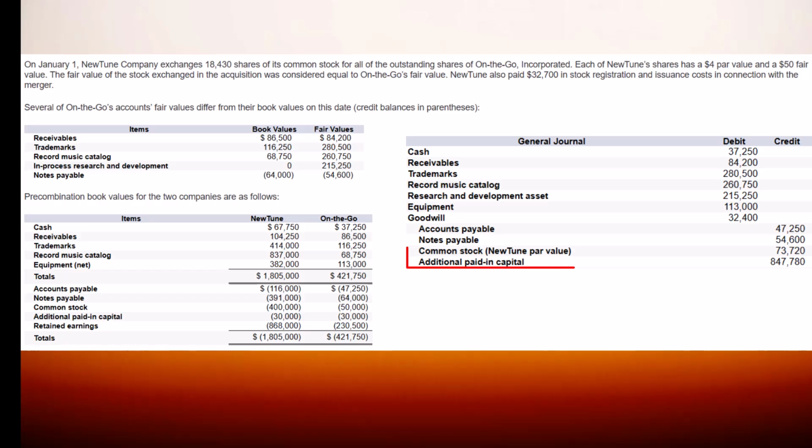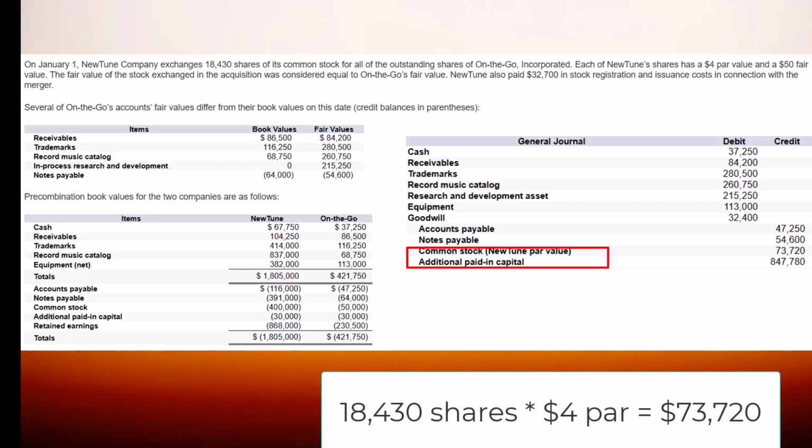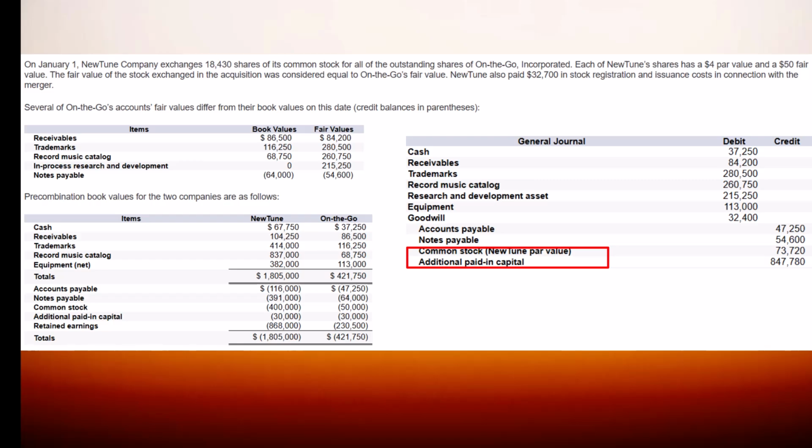We credit common stock for the par value of the shares issued. That's 18,430 shares times the $4 par value, which gives us $73,720. The remainder of the consideration goes to additional paid-in capital.